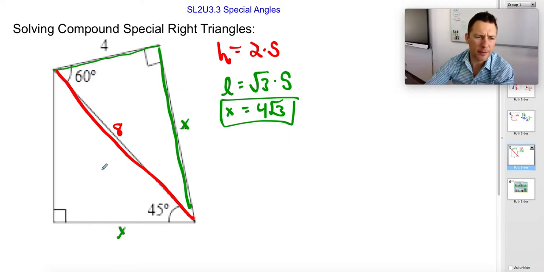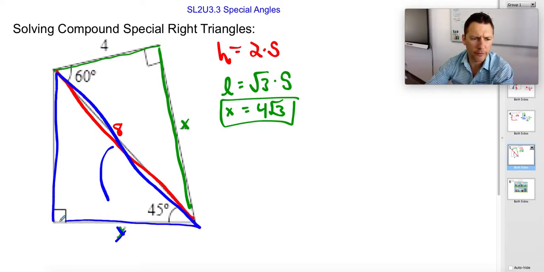And then this part's a little bit tougher. To find y, now we're in a 45-45-90 right triangle, but we know the hypotenuse is 8. So I know in 45-45-90s, the hypotenuse is really the short side times root 2.